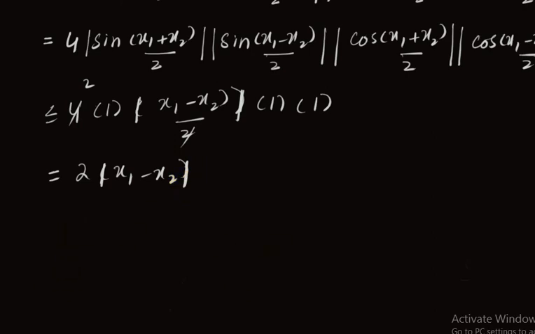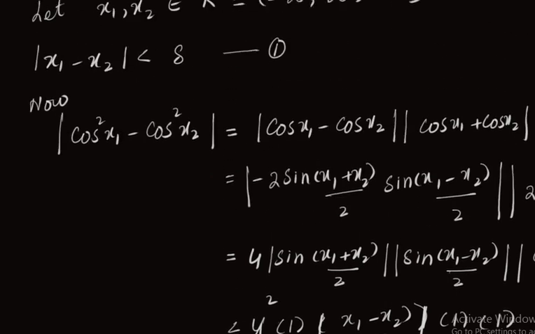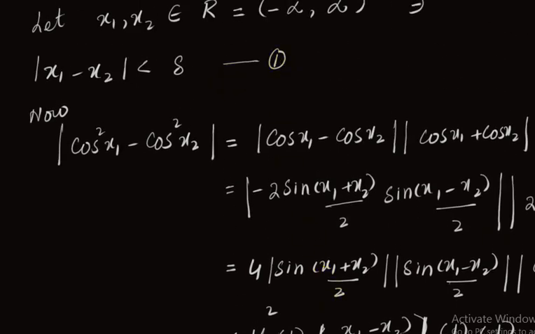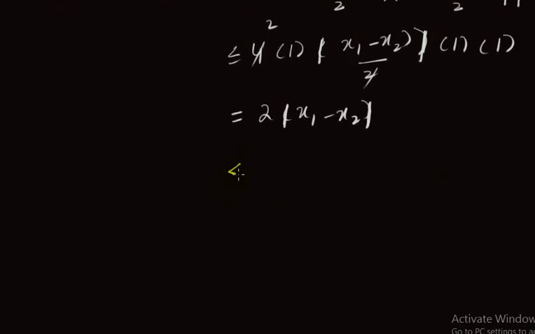And from equation 1, as we know that mod of x1 minus x2 is less than delta, by using equation 1 we can write this is less than 2 times delta. The reason is mod of x1 minus x2 is less than delta.